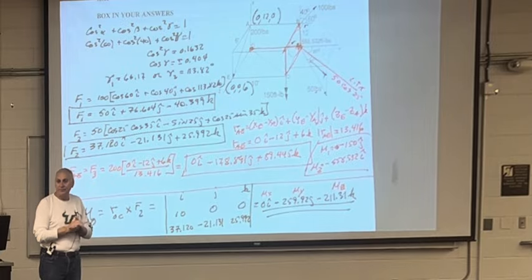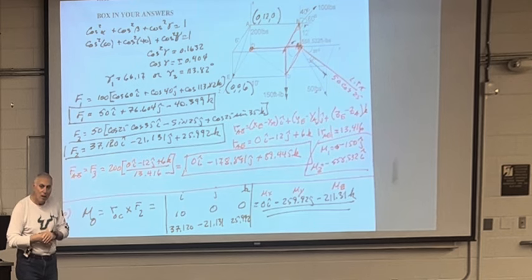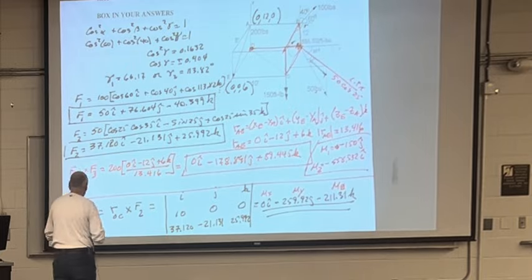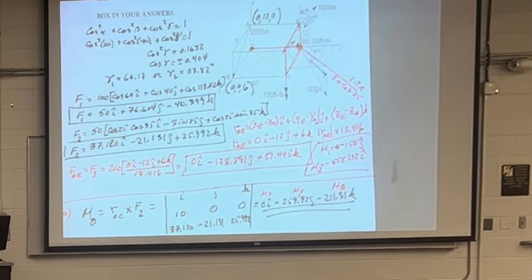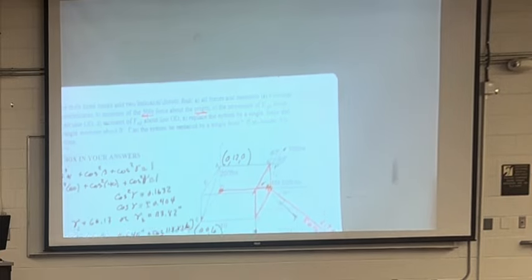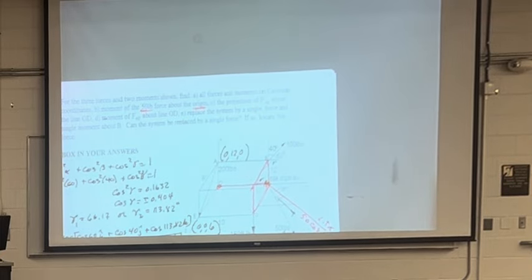Your question? Can you show again how you got the moment for the second direction? The direction for moment? I'm not calculating the momentum, moment, sorry. For which one? The moment two? Yes. So go back to the diagram. There's the diagram.